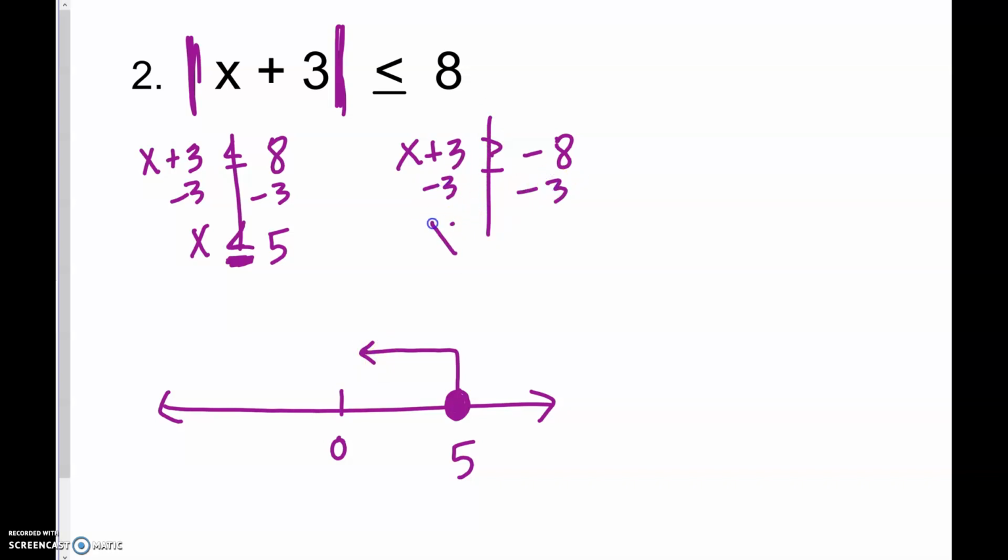Make sure you guys are using your calculators so that we do -8 minus 3 on your calculator, and we get a -11. So over here we have a -11, closed circle because it says and equal to. And if we read it from the letter, it says any number is greater than or equal to -11, so we shade to the right.